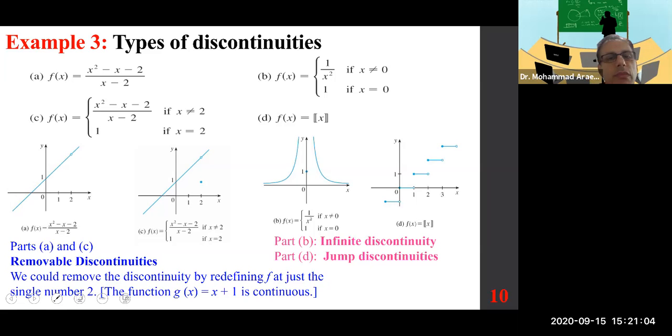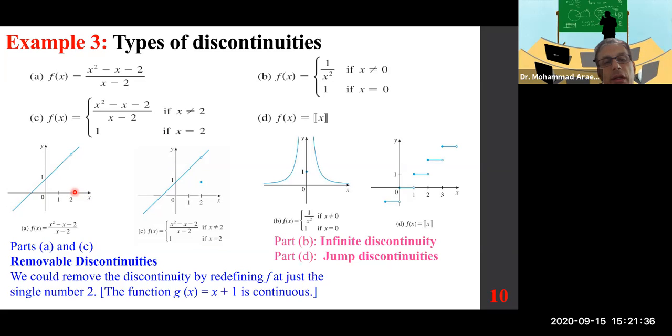Look at the first one. If you look at part A, there is a hole. That's a discontinuity. That's a discontinuity. What is the difference? This one is called a removable discontinuity. When the limit exists, it's called a removable discontinuity. Now, in this one, the functional value is not defined.